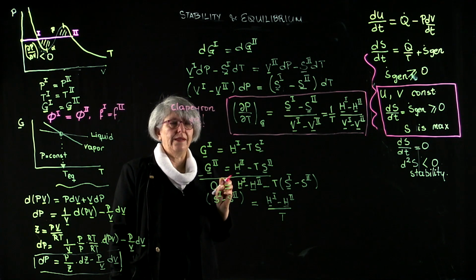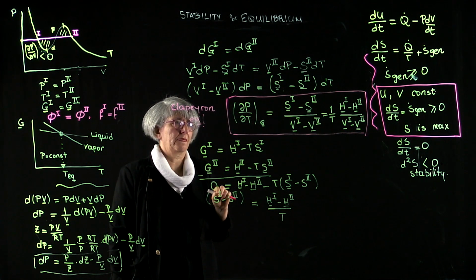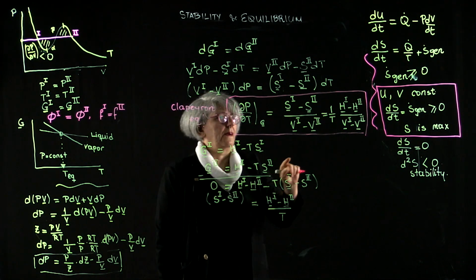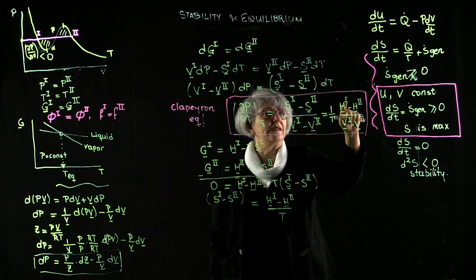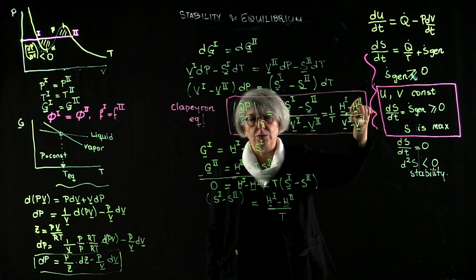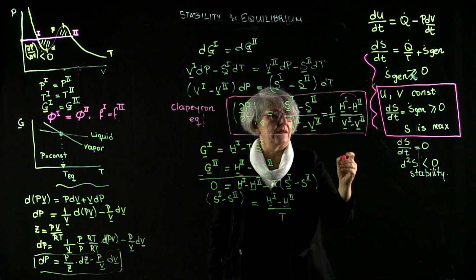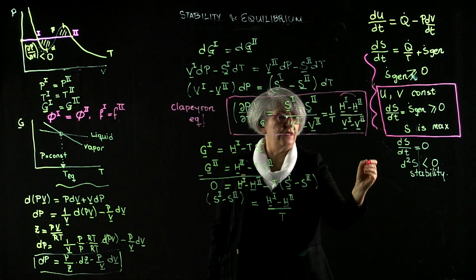Now, let us make a couple of assumptions and approximations. If my phase 1 is the liquid, phase 2 is the vapor, this is going to be delta H vaporization.